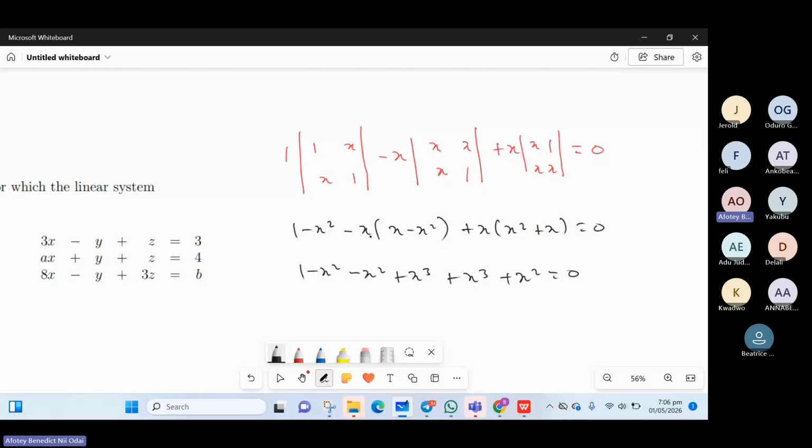Can we cancel out something? Nope. So we basically get 2x cubed minus 2x squared, or this and this can cancel. This and this goes away. So 2x cubed minus x squared plus 1 is equal to 0.